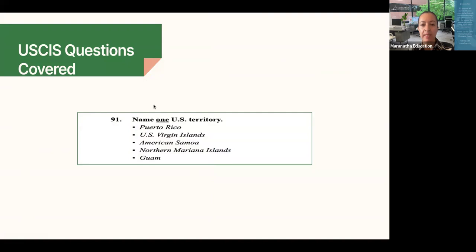As I mentioned previously, if the question says one, name one, you only need to provide one answer. Make sure to memorize the answer that is easiest for you to remember. You have 5 options. Name one US territory: Puerto Rico, US Virgin Islands, American Samoa, Northern Mariana Islands, or Guam.